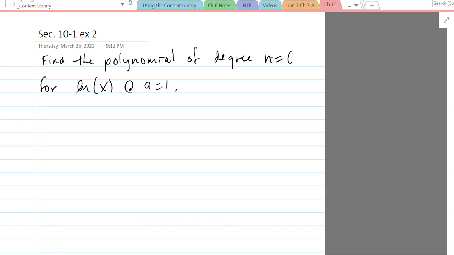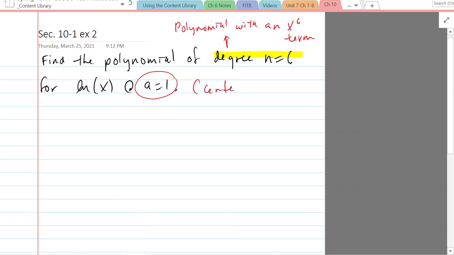Well, the degree of the polynomial being 6 is telling us that it is a polynomial with an x to the 6th term. And then a equal to 1 means it's centered at x equal 1.